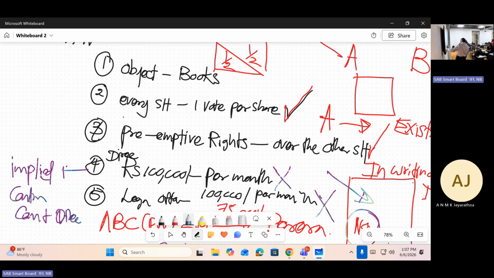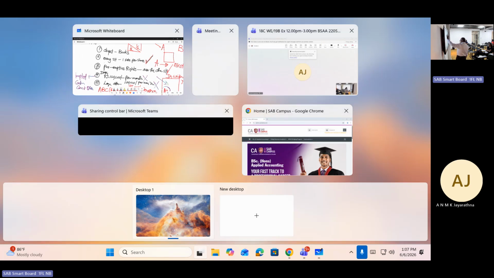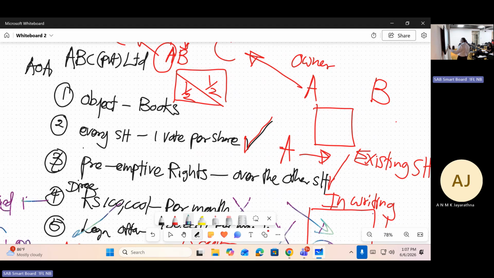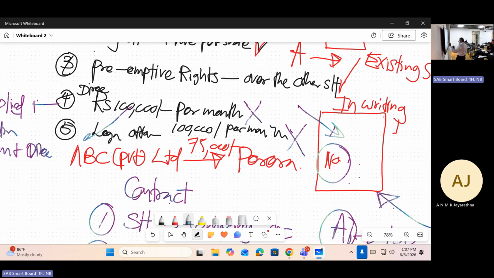This is also the same. This can be treated as an implied term because it is related to legal also. With regard to shareholder, it can be treated as an implied term of another contract made between the company and the legal officer.